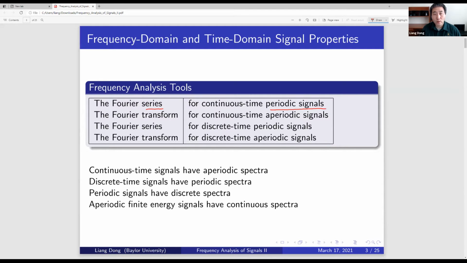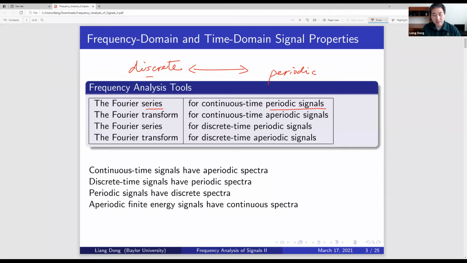In one domain it's periodic, and in the other domain it will be discretized. If the signal in the frequency domain is discrete, then we need to use a Fourier series expansion.